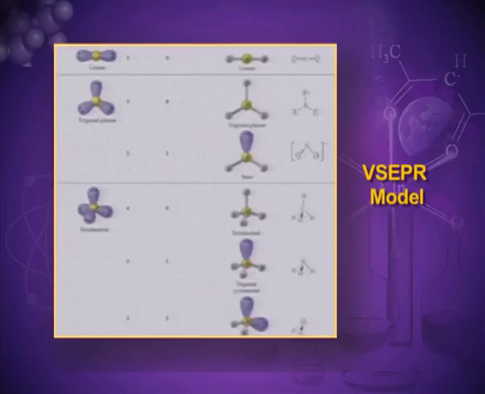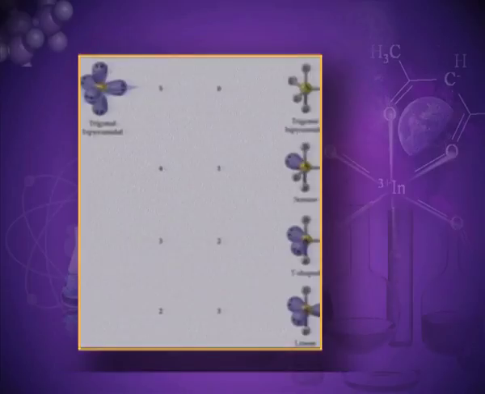You can see the possibilities: the linear one, the trigonal, there are 2 possibilities. In tetrahedral, there are 3 possibilities: no lone pair, then 1 lone pair and 2 lone pairs in the tetrahedral geometry. This is trigonal bipyramidal and the total is 4 possibilities.